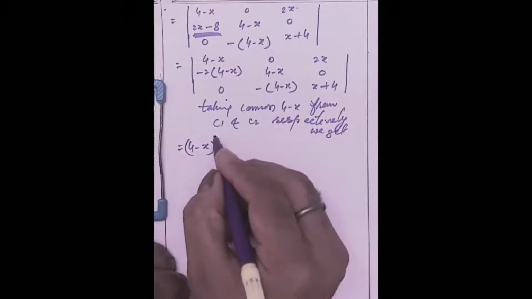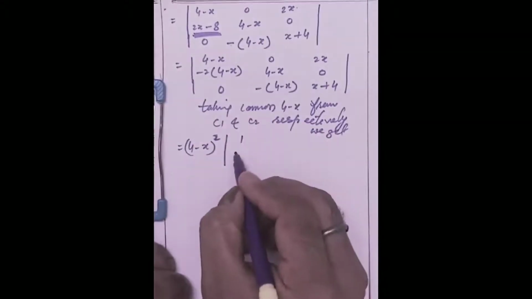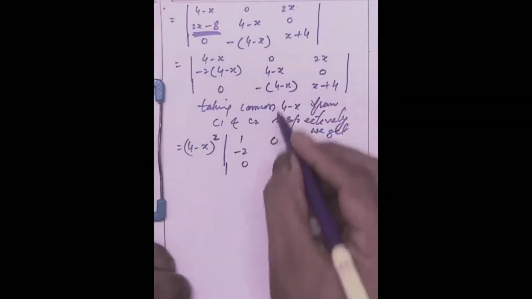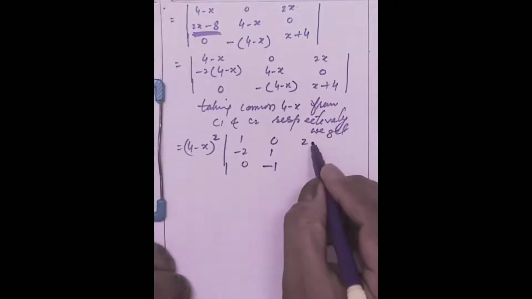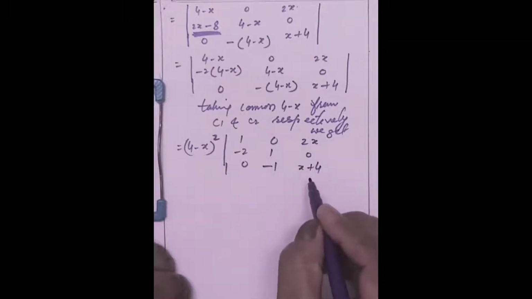So it will become (4 minus x) whole square. Here we have 1, here minus 2, and the last is 0. Here we have 0, here we have 1, and here it is minus 1, and the last column is 2x, 0 and x plus 4.